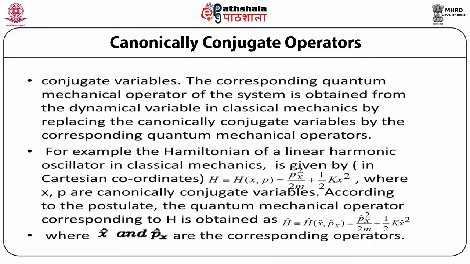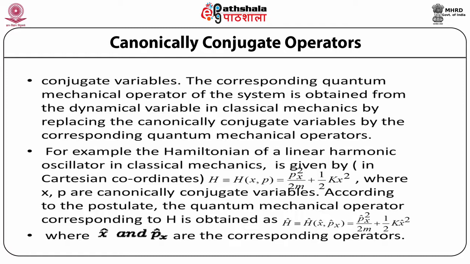The corresponding picture in quantum mechanics is that the Hamiltonian is the corresponding quantum mechanical operator of the system and is obtained from the dynamical variable in classical mechanics by replacing the canonically conjugate variables by the corresponding quantum mechanical operators.